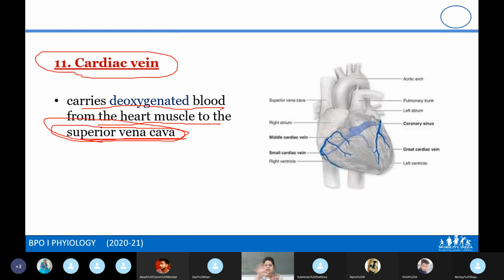Then we have discussed the heart. The heart is supplied by the coronary arteries, and the blood is taken back to the superior vena cava by the cardiac vein.